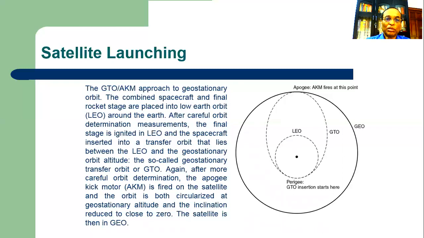The GTO approach to geostationary orbit. This scheme signifies an approach to place a geostationary orbit satellite in its own orbit.